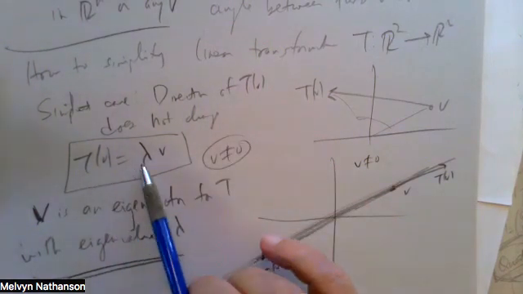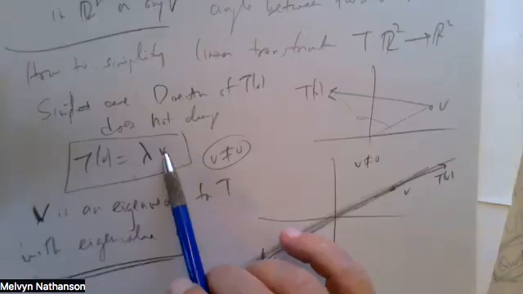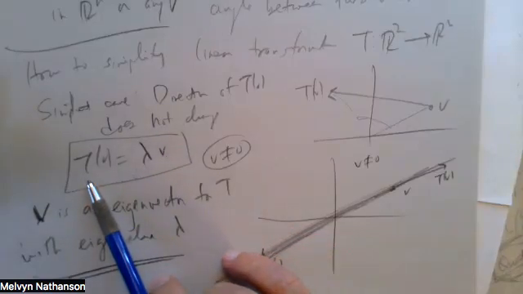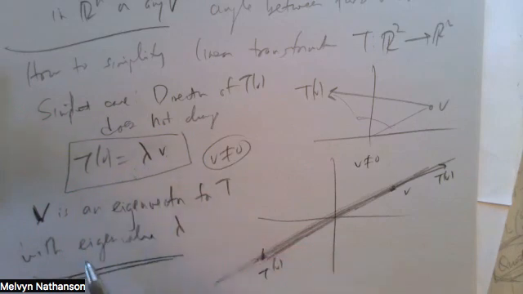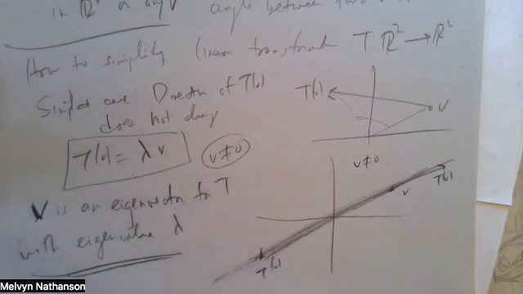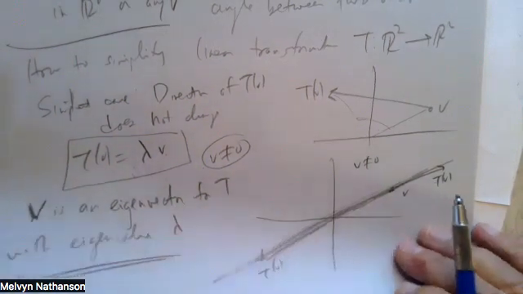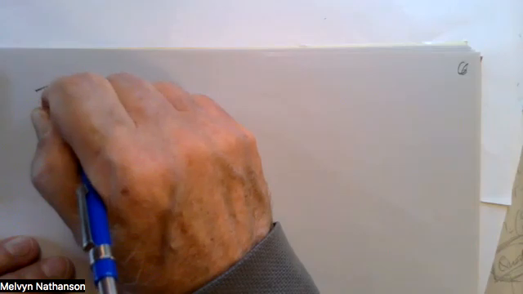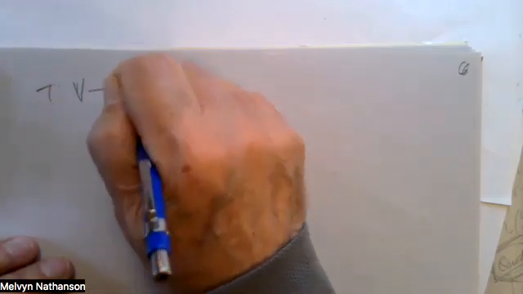If T of v is just some scalar multiple of v, then v is called an eigenvector for the linear transformation T, and lambda is an eigenvalue for the linear transformation T with the eigenvector v. And what I mean by saying, if you have a lot of eigenvectors, your transformation becomes simple. Suppose T, let's say, is from a vector space V to itself.